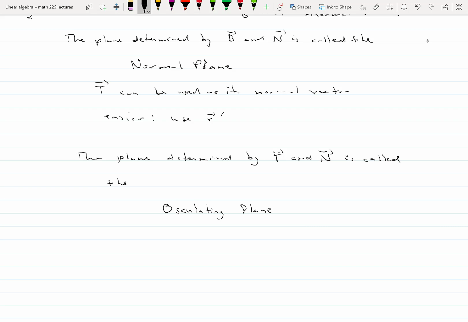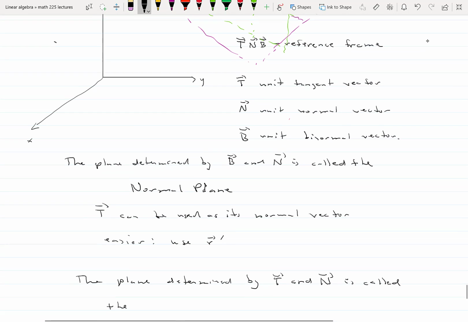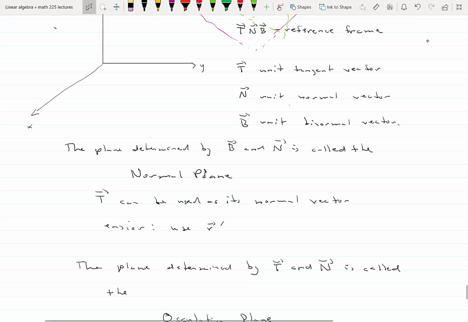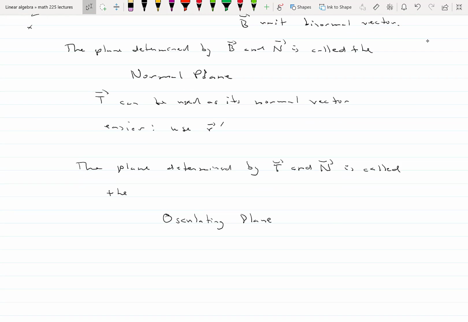To osculate, I had to look this up years ago, means to kiss. So it's the plane that just barely kisses the 3-dimensional curve and places it almost in a 2-dimensional plane. It's the best 2-dimensional plane to contain the 3-dimensional curve. It's called the osculating plane.